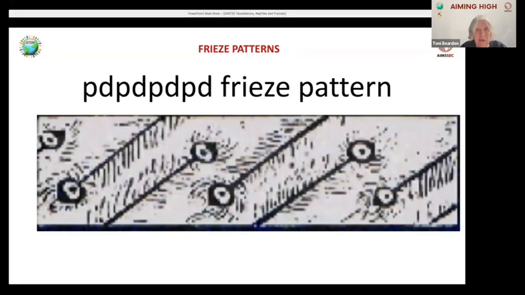Now here the motif is PD, with the letters PD again, and is there a horizontal line of symmetry? No. Is there a vertical line of symmetry anywhere? No. What could there be? Look at it.